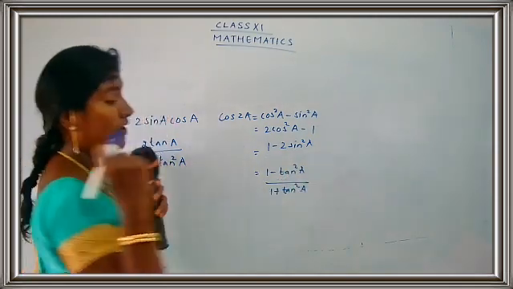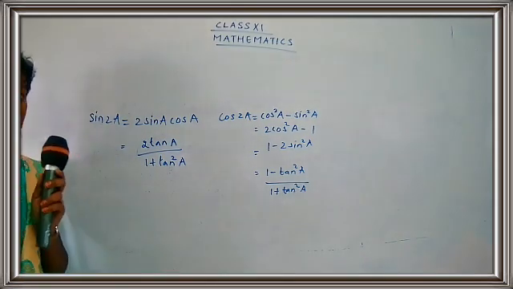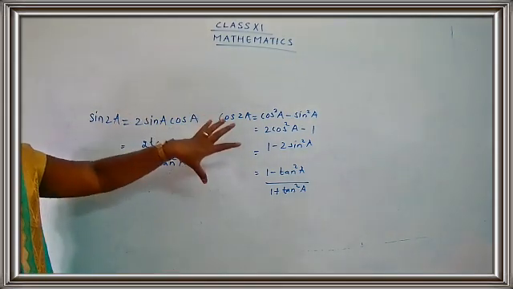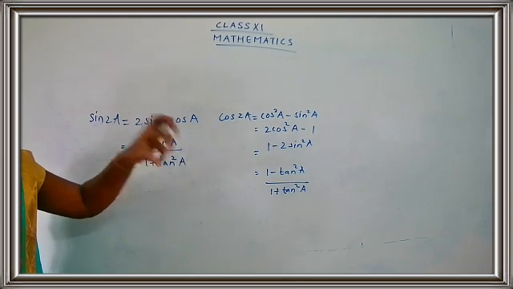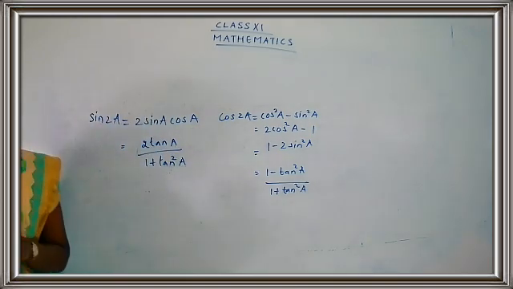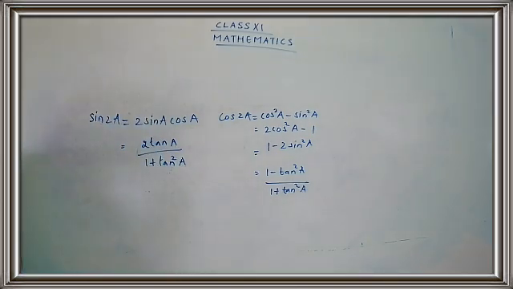When you talk about cos 2a, all the 4 formulas should be clicked in your mind. Okay children? So what is the formula for cos 2a? It's cos square a minus sine square a, 2 cos square a minus 1, 1 minus 2 sine square a, then 1 minus tan square a upon 1 plus tan square a.